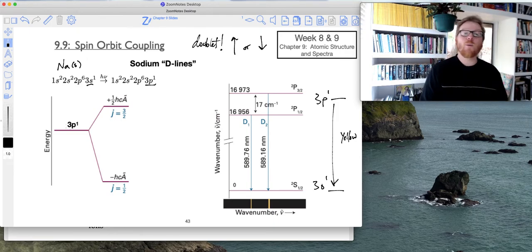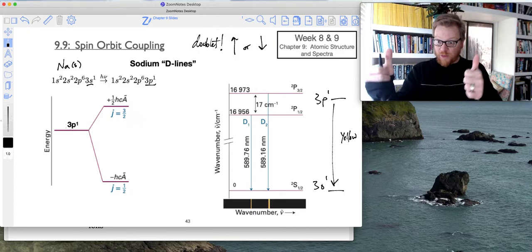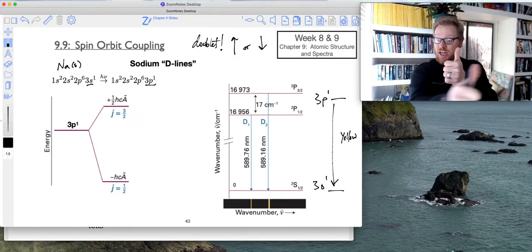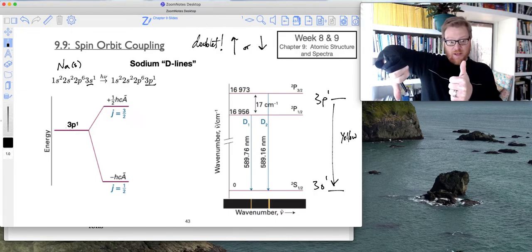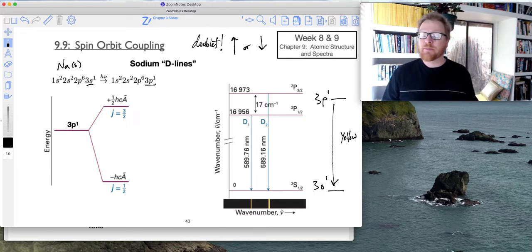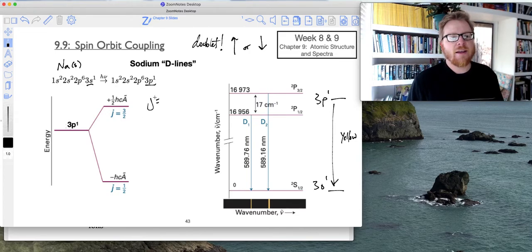Well, as it turns out, because it's a doublet state and its electron spin can be correlated with the angular momentum, as in the high J value, or it can be uncorrelated with the spin angular momentum, the low J value, we actually get two possibilities, okay? And so if you recall, J equals L plus S all the way down to L minus S. And so now if we can see, we're talking about a p orbital, right?